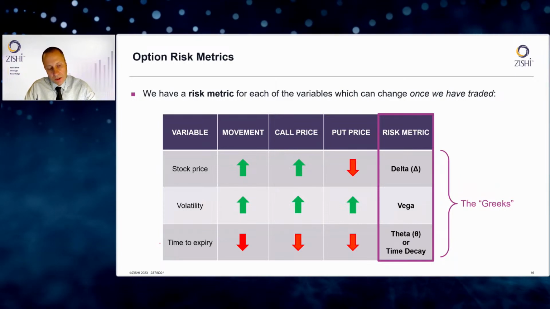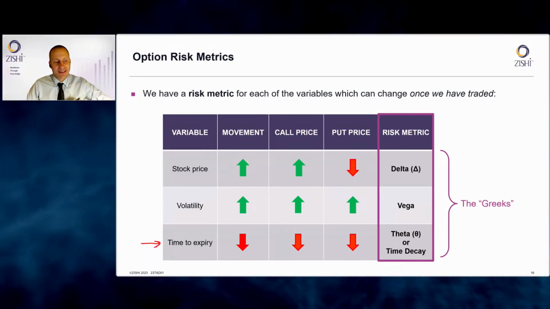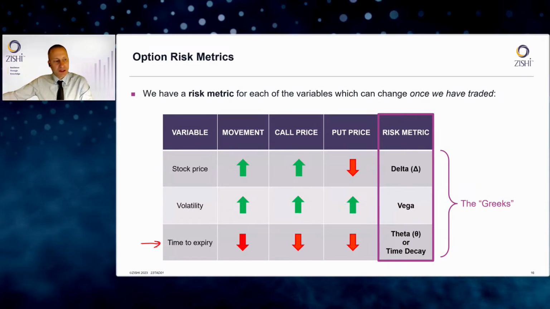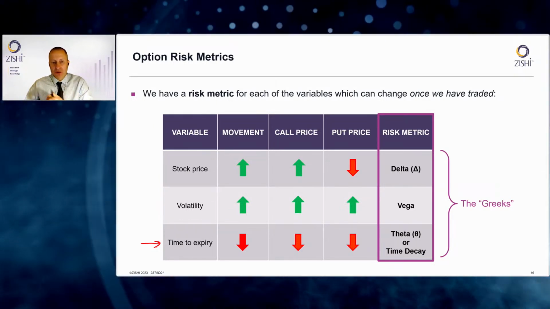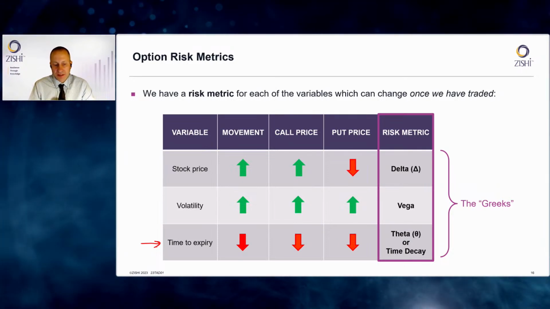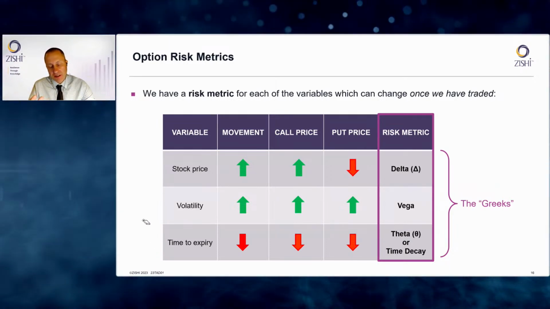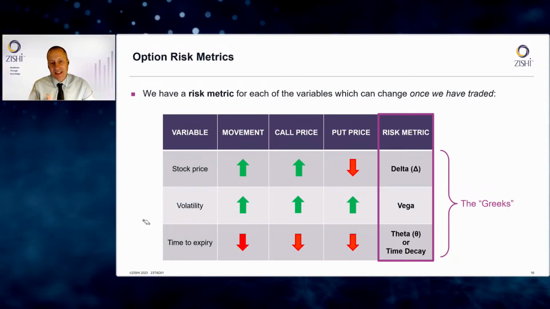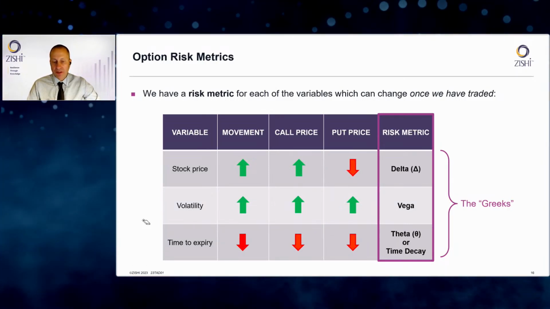And of course, we can't do anything about time moving on. So today will become tomorrow, tomorrow will become the next day, and so on. And so there will be a certain progression of my option price through time. So what we do to measure our sensitivity to these price drivers is we calculate what we call risk metrics.